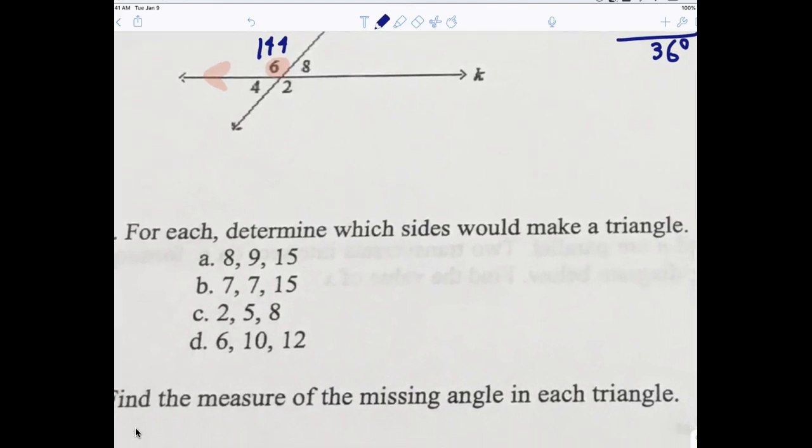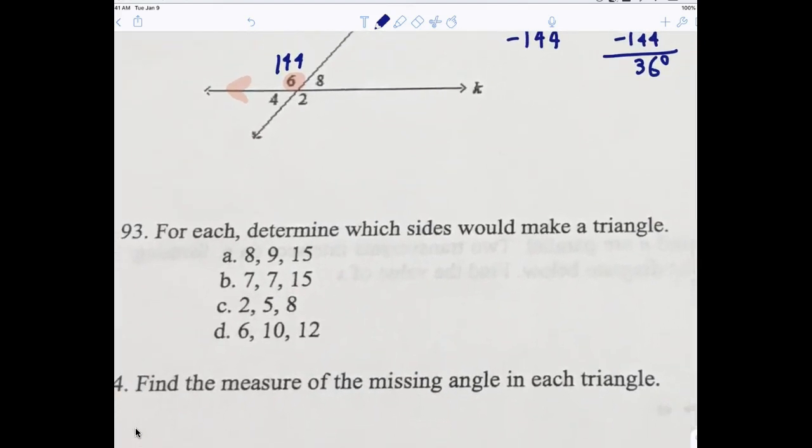Which sides would make a triangle? Okay, so listen. On this one, the sum of the two smaller sides has to be greater than the third side, the largest side.